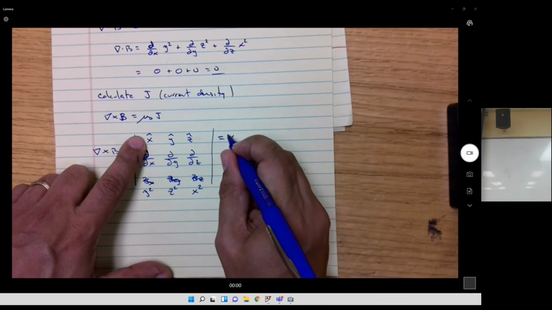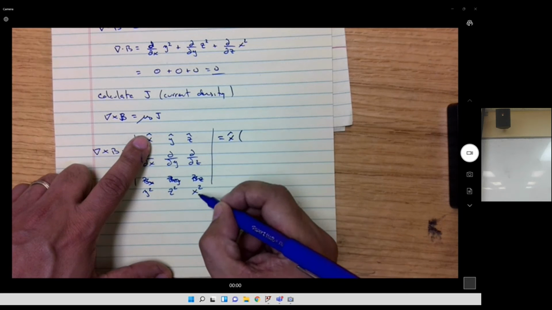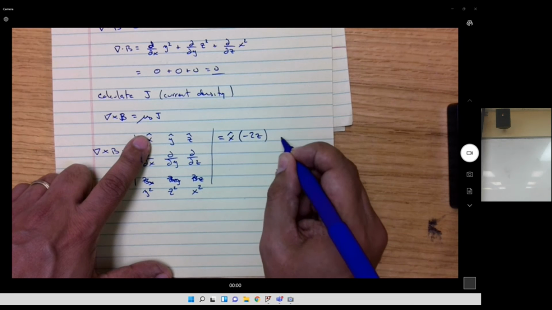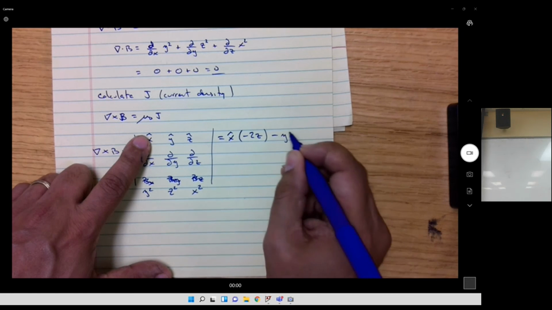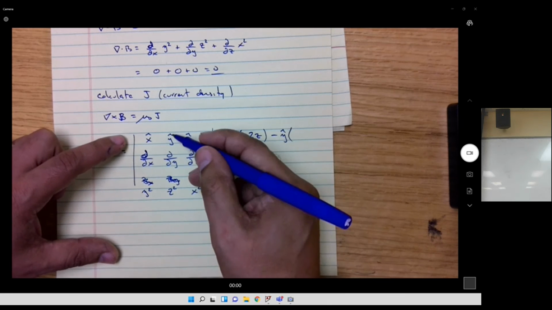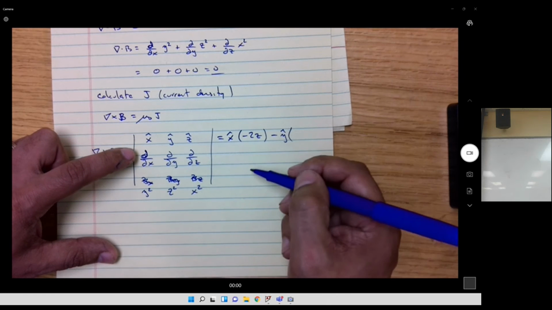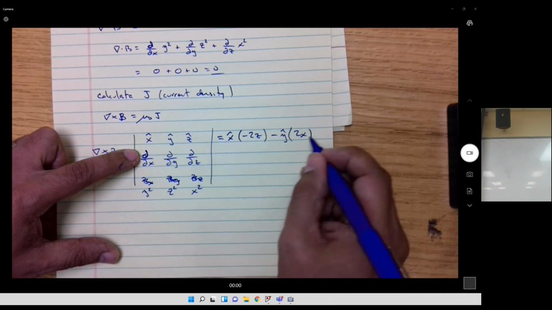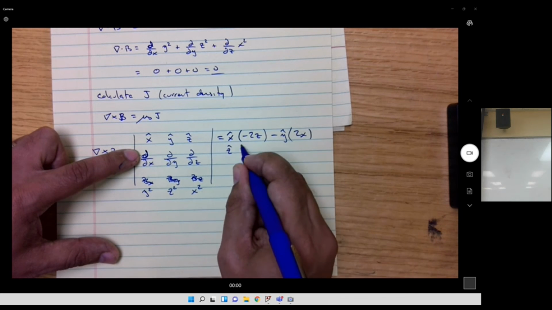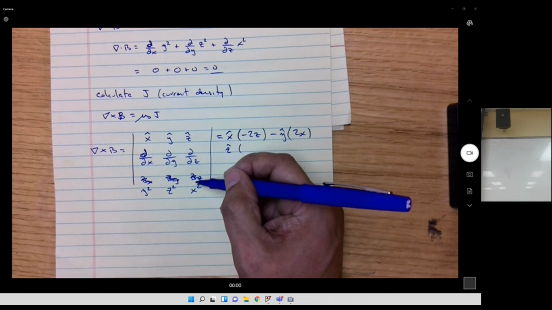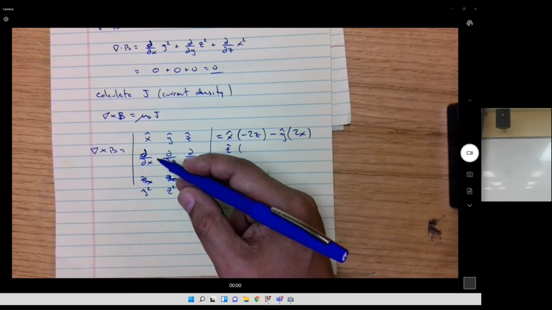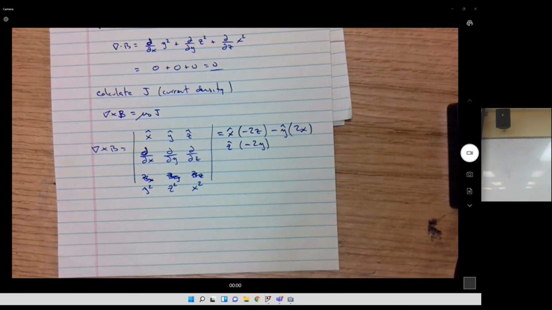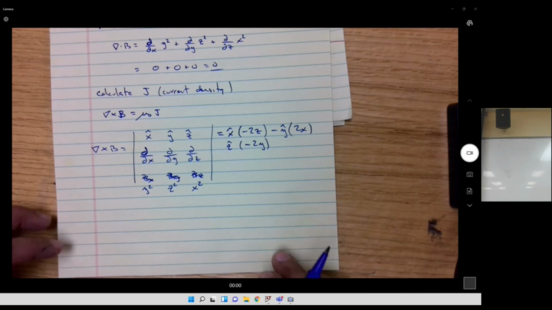So in the x component, I'm going to have negative 2z, minus the y component, I'm going to have 2x, and then in the z component, I have negative 2y. Yep.